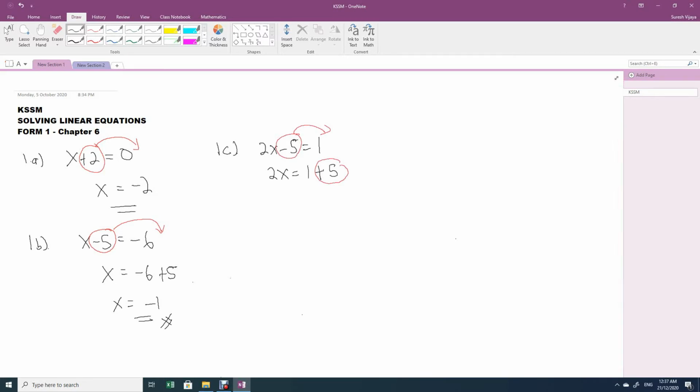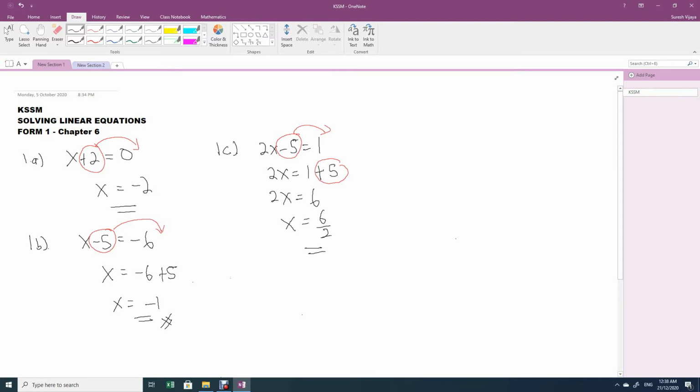So continuing from here, you have 2x equals to 6. So x equals to 6 divided by 2. Whenever you have a plus or minus and you cross over the equal sign, you will have to change the sign, from plus to minus, minus to plus.